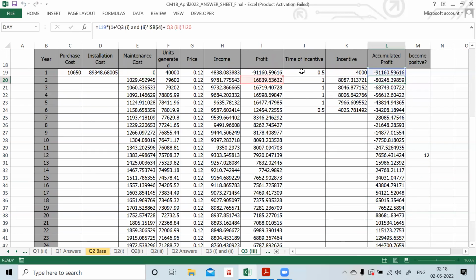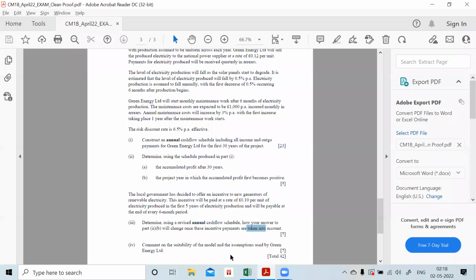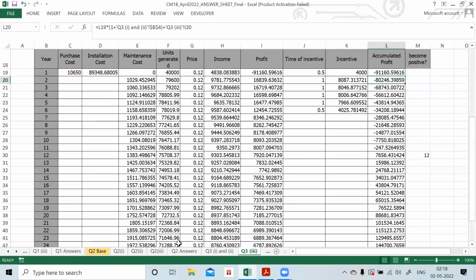Okay. So once this is done, now we have the third part: comment on the suitability of the model and assumptions used by Green Energy Limited. So the model is suitable if we see that there are positive cash flows. Since we are receiving positive cash flows, that means the model is suitable. As for assumptions, all the values are assumed to be constant.